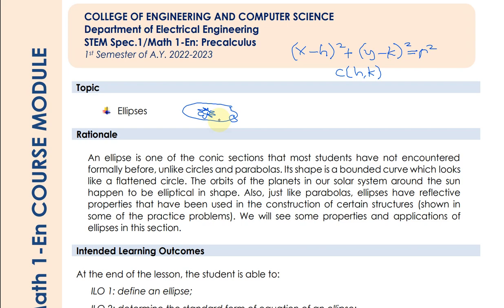The orbit is the path that it follows. And also, just like parabolas, ellipses have reflective properties that have been used in the construction of certain structures, and this will be shown in the practice problems. We will also see some properties and applications of ellipses in this module.